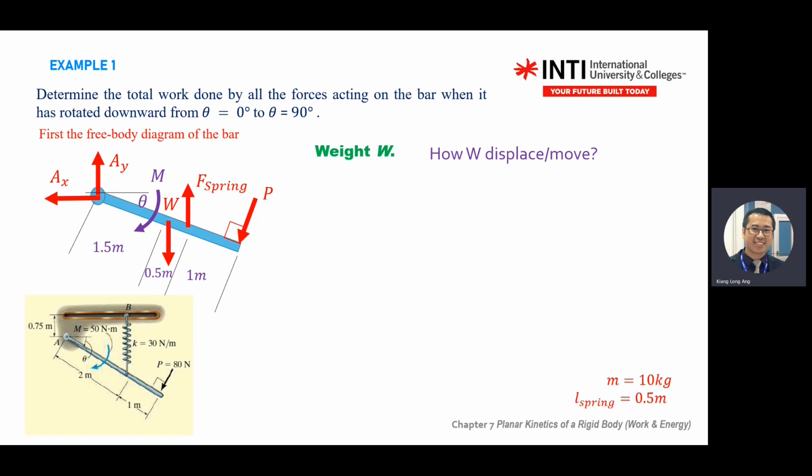Where is the initial location? How far does your W move? This is the original location. How far does your W move? How far?